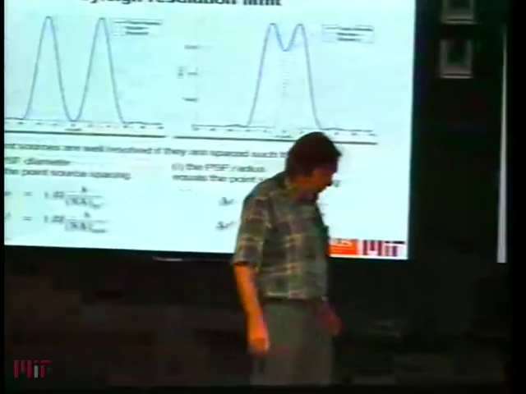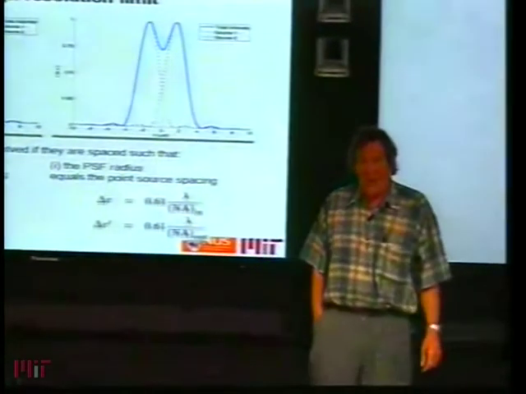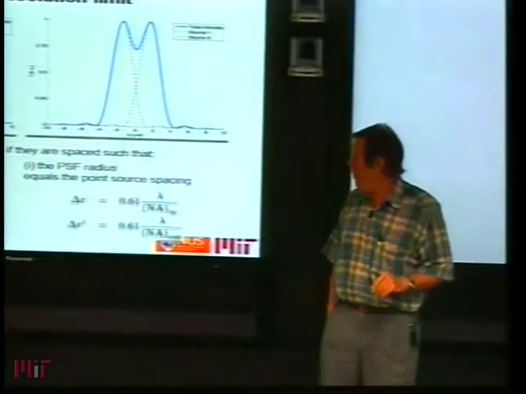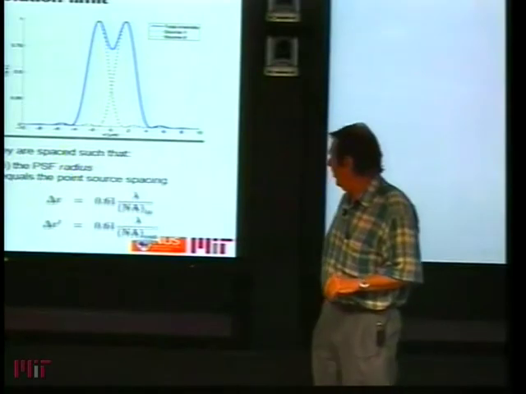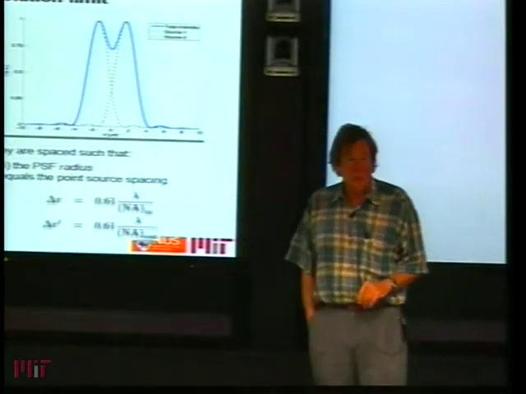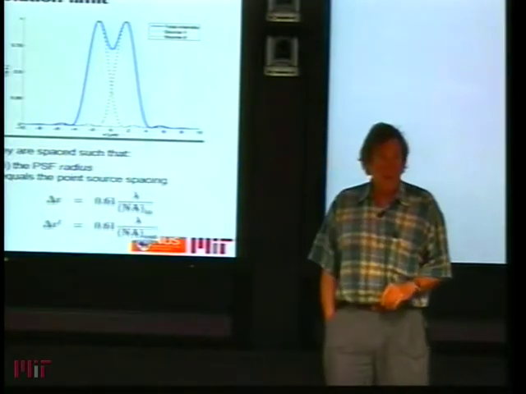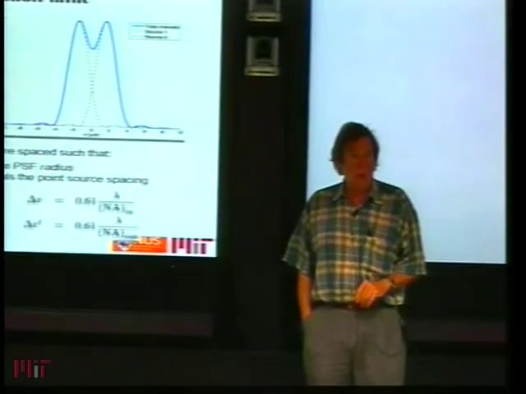Now there are lots of different ways of determining resolution, different definitions that people apply. The most used one, perhaps, is the Rayleigh resolution limit, which was proposed by Lord Rayleigh.